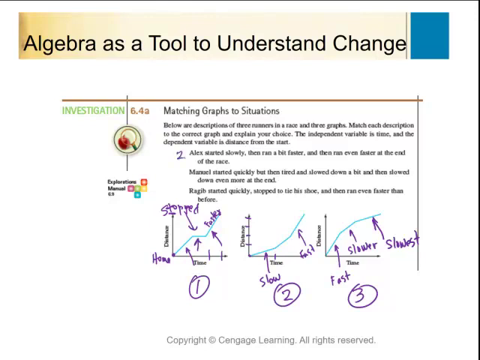Oh, Alex, you are number 2. Manuel started quickly, he starts fast, then he goes slower and then slower. You're number 3. And Rajib starts quickly, then he stops to tie his shoe, and then yes, you're number 1. All right, so it's kind of fun making little stories out of these graphs.